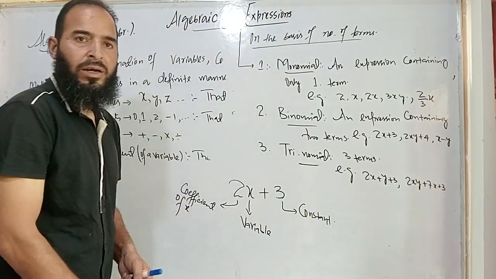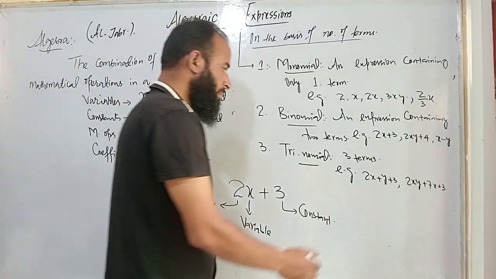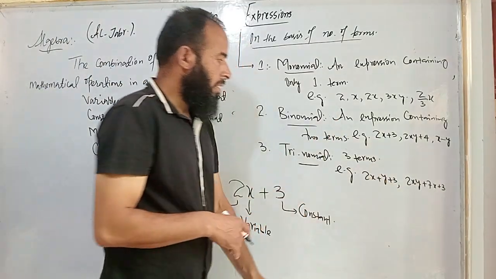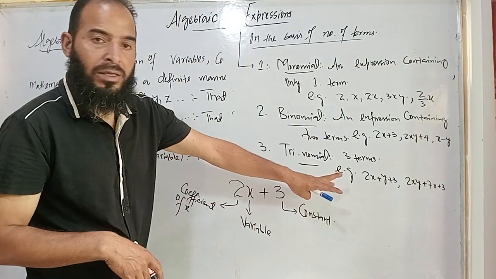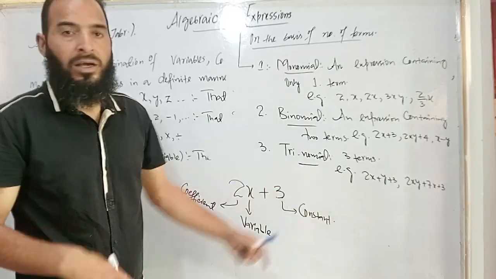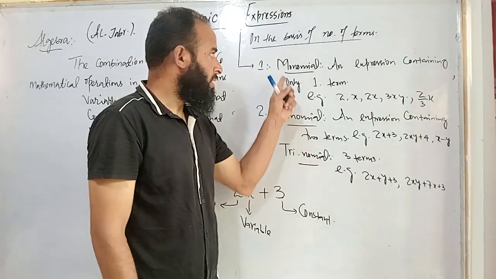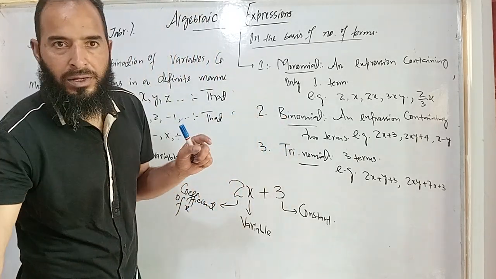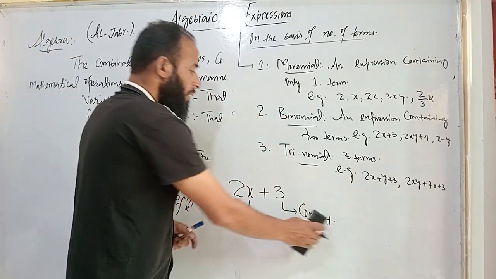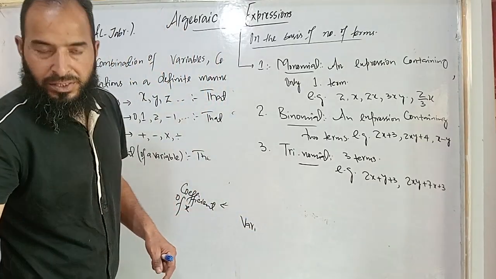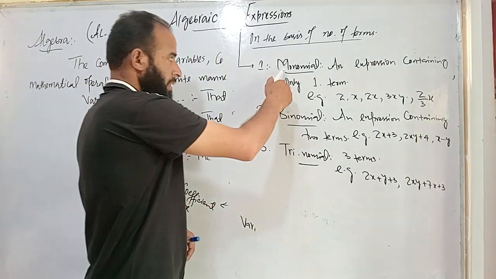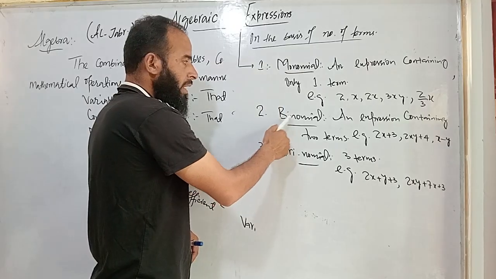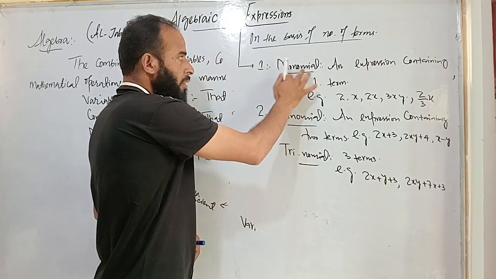This is also a trinomial. So this is a monomial, this is a binomial, this is a trinomial. Got it?